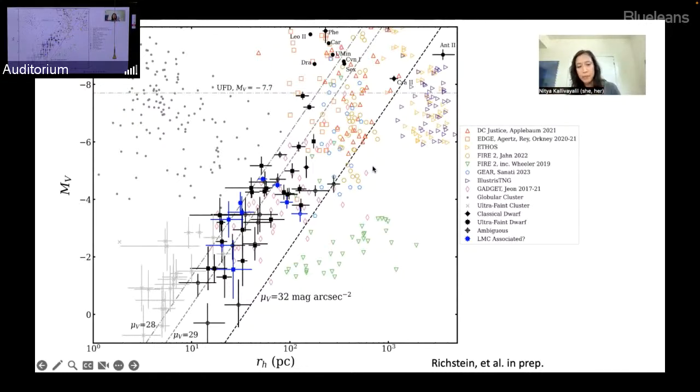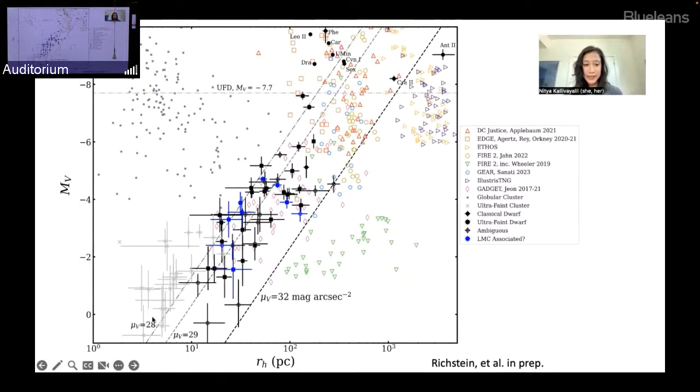The only other point I want to make in this space is that there are all these predictions, right? Is it that they are predicting something that's too fluffy, or is it that we actually just have not found them, given that they're incredibly low surface brightness objects in our current surveys?